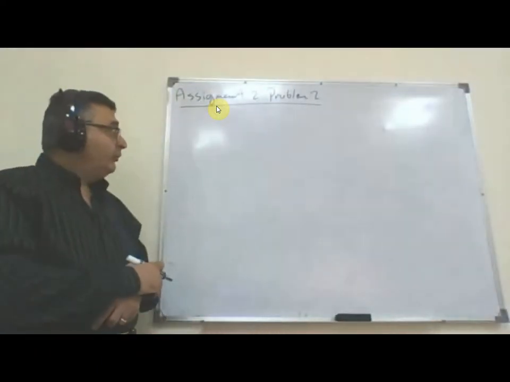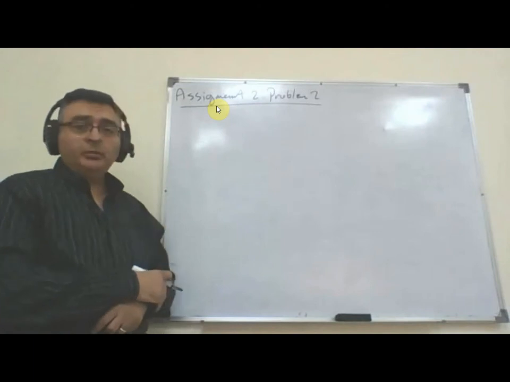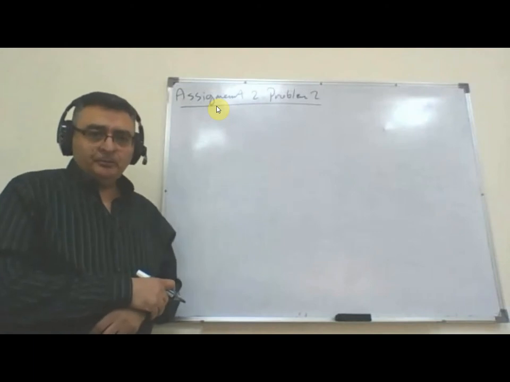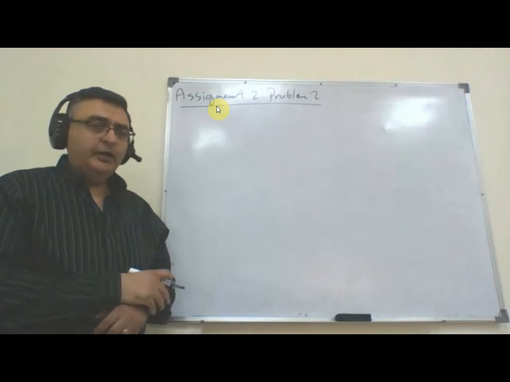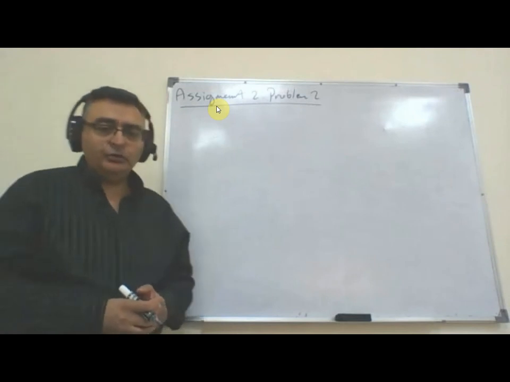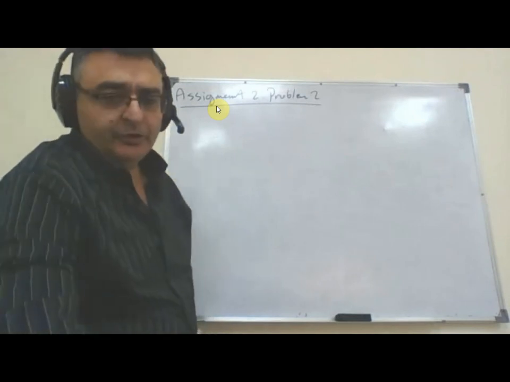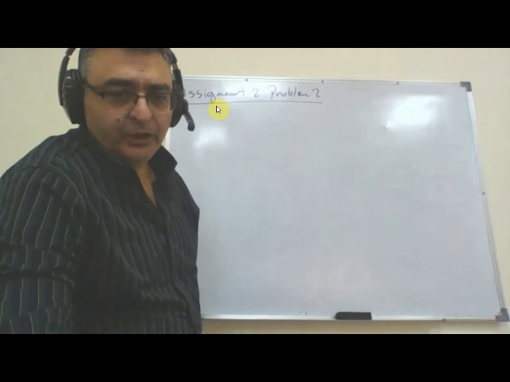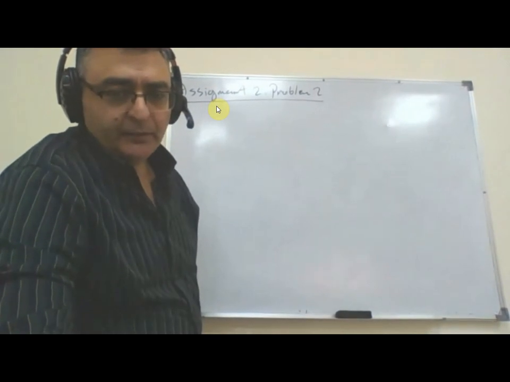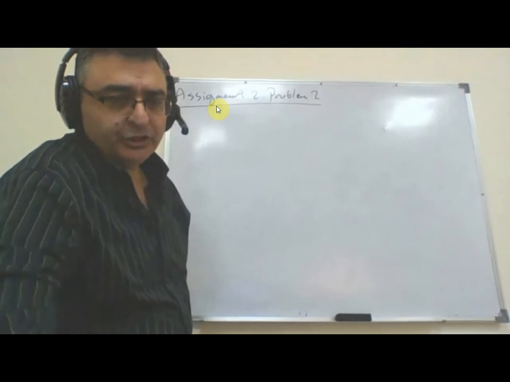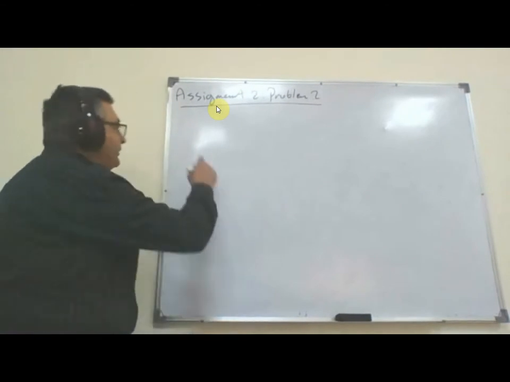So now we are solving problem number 2 in assignment number 2. The problem wants to multiply a number in a double word in the memory, and this variable in the memory is defined in some location in the memory called W var.